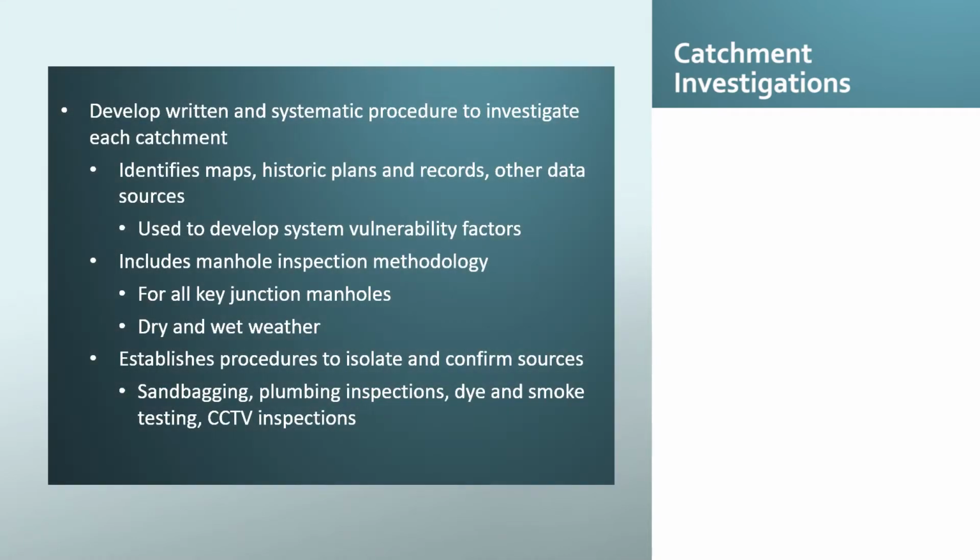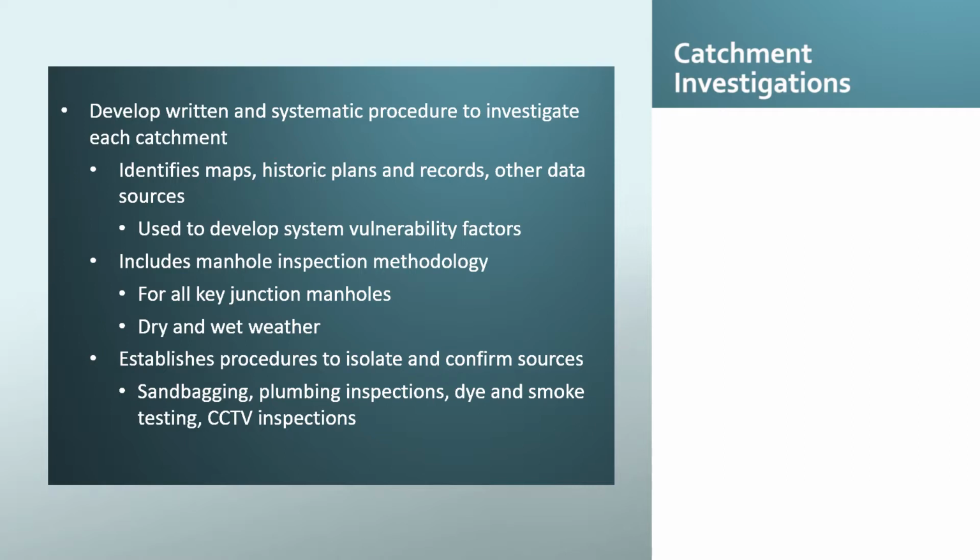So under the catchment investigation portion of your IDDE program, you need to have written systematic procedures to investigate each catchment. And in these procedures, you need to identify any maps, historic plans, and records that are available for your reference.